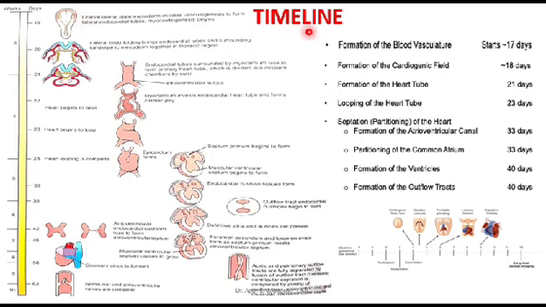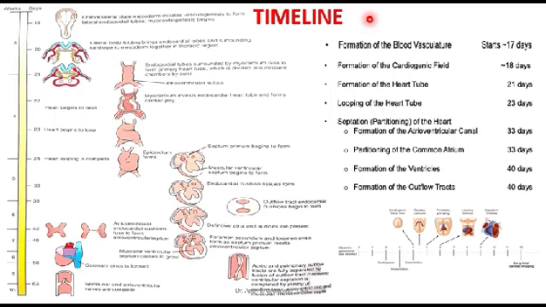Before we really go into the topic, we need to know the timeline, how it is formed. So this vascular system development starts as early as the 16th day onwards, and the development of the heart is completed by about the end of the 9th week approximately.